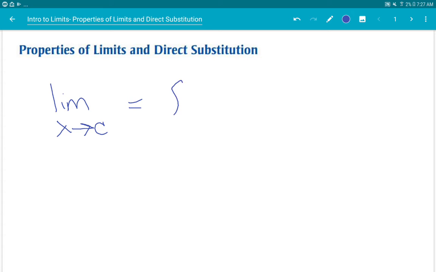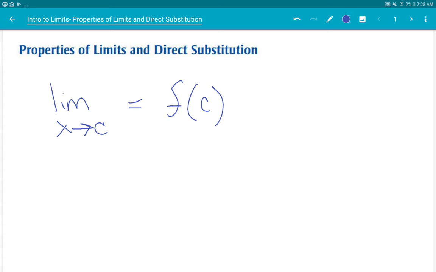In most cases, it's just going to be f of c. You plug the value of c into the function and you get your value out. We did that numerically a bunch of times, and we also looked at that in the graphical sense last week. This is a commonly occurring theme, but it does not always work.